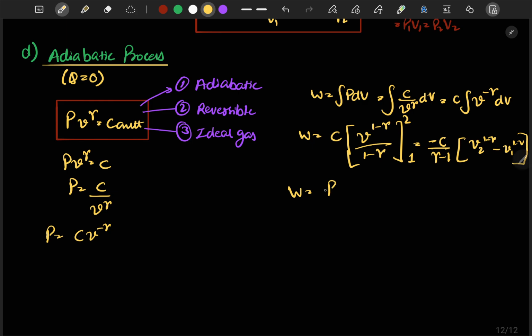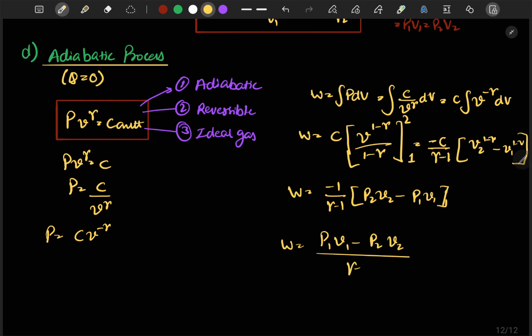So I will write here minus 1 upon gamma minus 1 times p2 v2 minus p1 v1. We can express it as p1 v1 minus p2 v2 divided by gamma minus 1. So this will be the expression for work done.